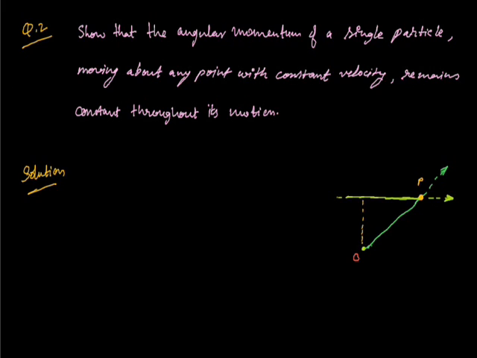The direction of the velocity of the particle is given here by the light green color, and the direction of the position vector of the particle is given here by dark green color. Both vectors represent their corresponding directions, and the position of the particle is at point P at any instant of time.